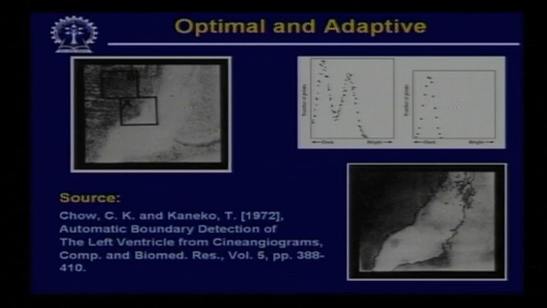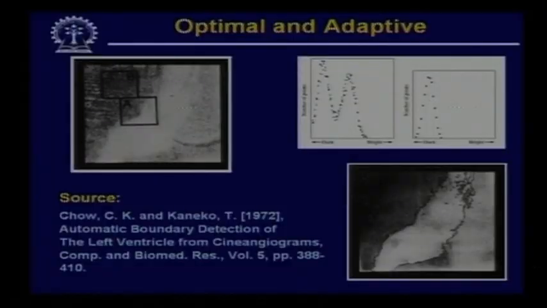So, the approach taken was that this image was divided into a number of sub images. For every sub image, the optimal threshold was estimated, and then the thresholding was done. For each of the sub images, the histogram was computed, and the threshold was computed for those sub images which show a bimodal histogram like this.